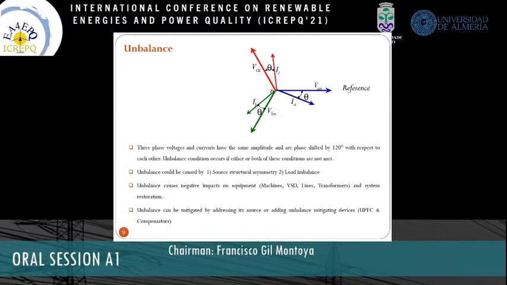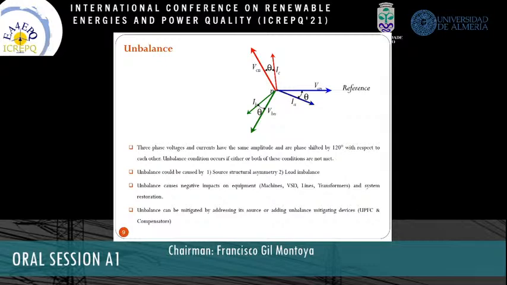The voltage balance is when the three-phase voltage and currents have the same amplitude and are phase shifted by 120 degrees with respect to each other. Unbalanced condition occurs if either or both of these conditions are not met. Unbalance could be caused by source structural asymmetry or load imbalance.